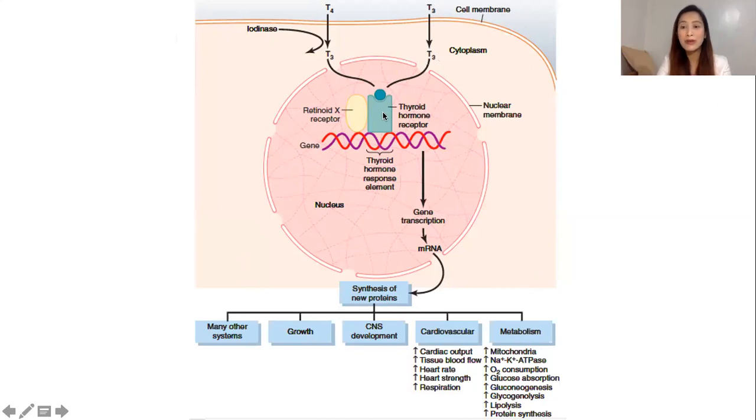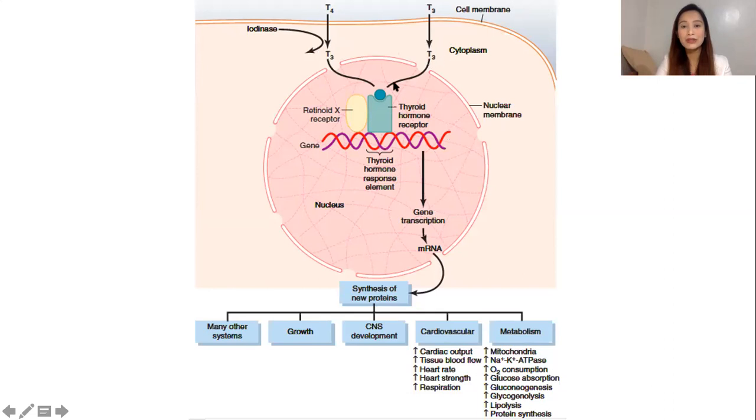And remember, your thyroid hormone receptor is located inside the nucleus, no? So remember that the different hormone receptors can either be located in the cell membrane, in the cytoplasm, or inside the nucleus itself.